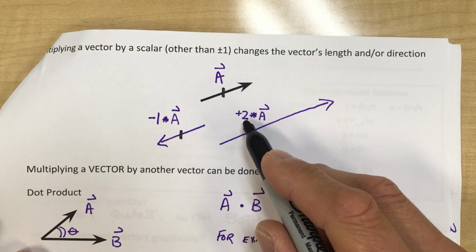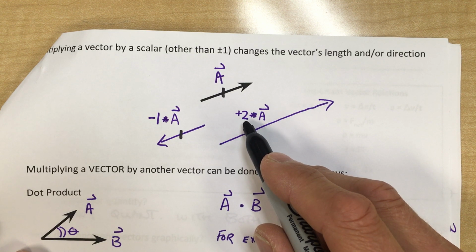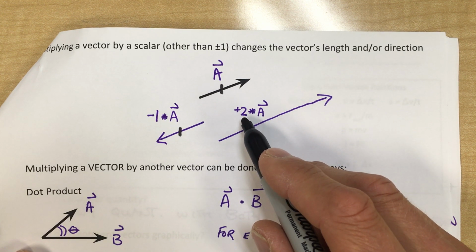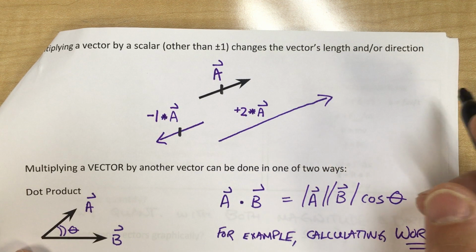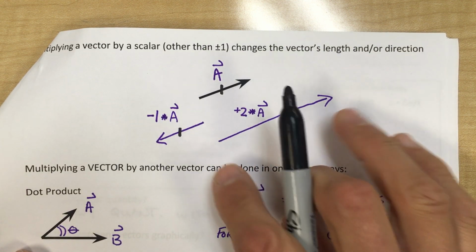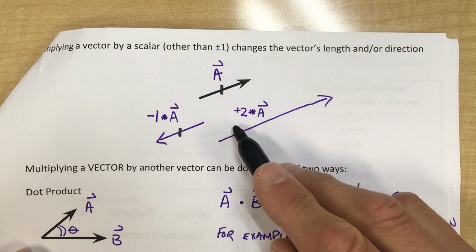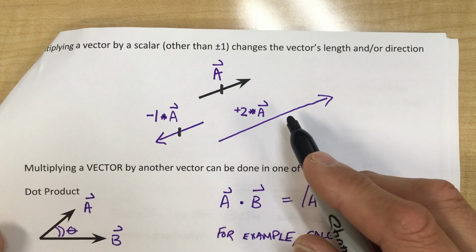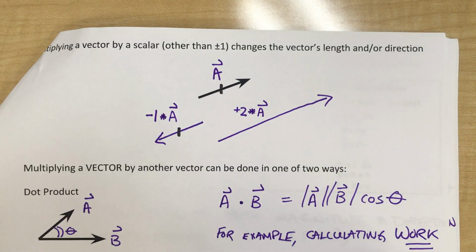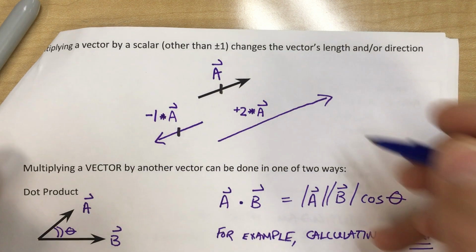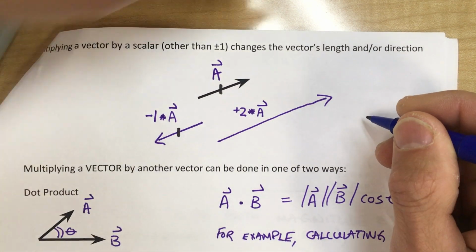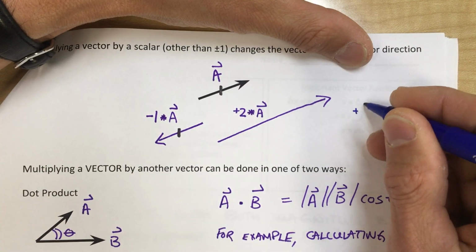Now, what if you multiply by a number that's not 1? Like say I multiply by the number 2, what I do is I basically make the vector twice as long. Okay, and hopefully you can kind of see that. So basically stretching the vector is what happens when you multiply by a number that's bigger than 1. Question for you is what happens if I multiply by, say, +1/2?